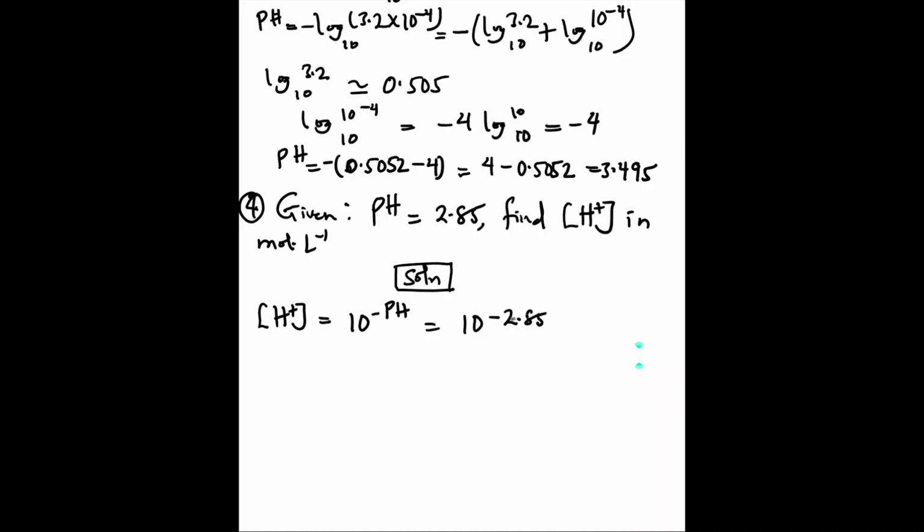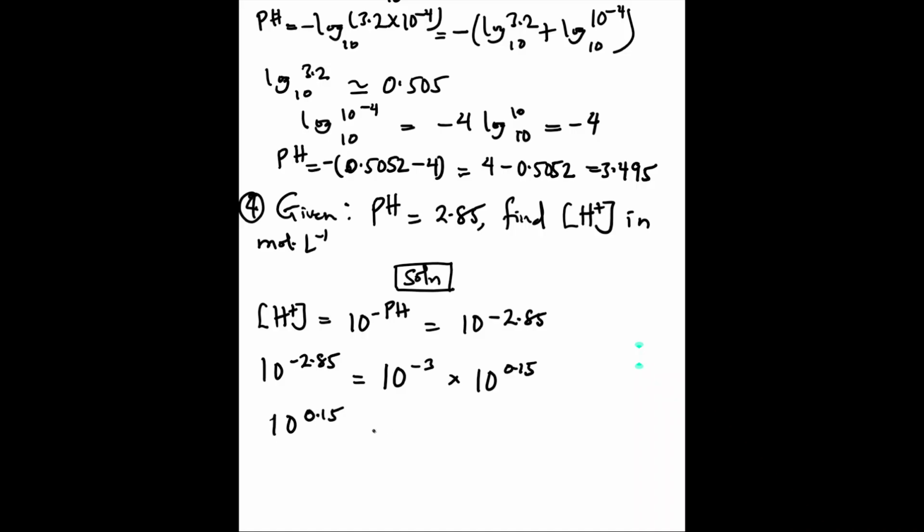And that will be 10 raised to power minus 2.85, right? So 10 raised to power minus 2.85 will be, let's break it down into two parts to make it easier. 10 raised to power minus 3 times 10 raised to power 0.15, because when you do minus 3 plus 0.15 you get minus 2.85. So that's why I split it that way.